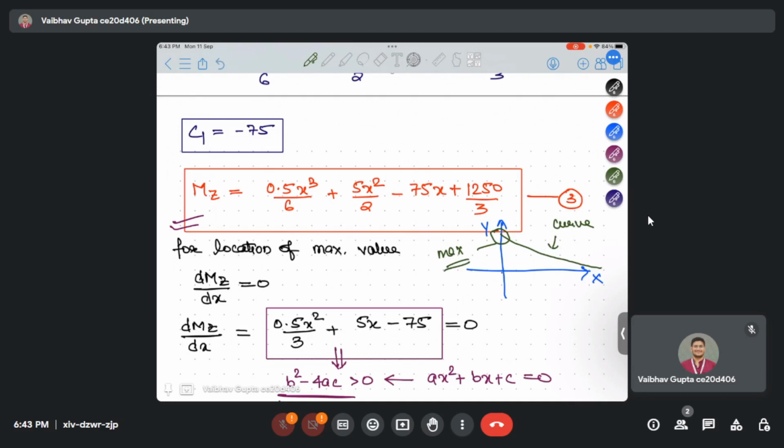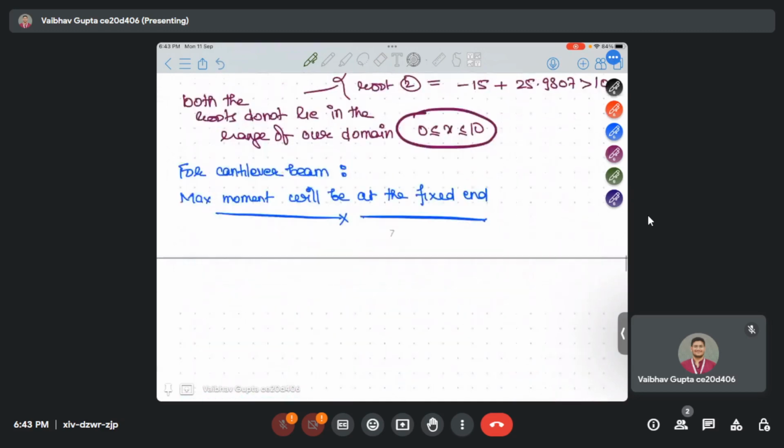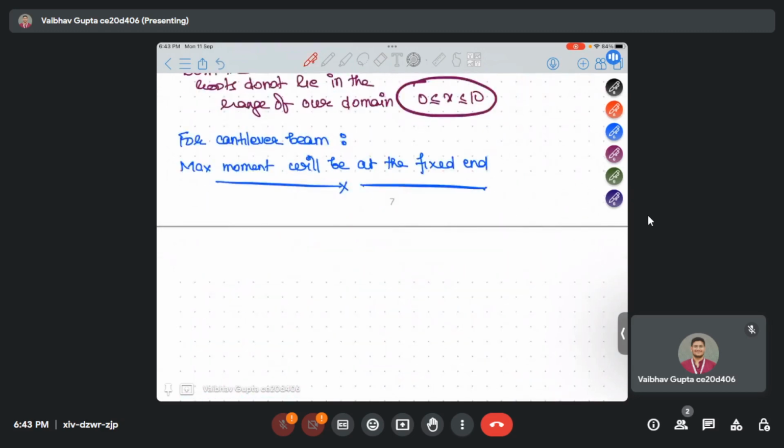Got it. So the answer for our question is that the location of maximum value of bending moment is at x equal to 0 meter.